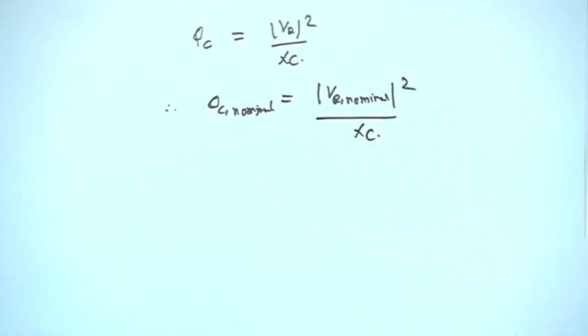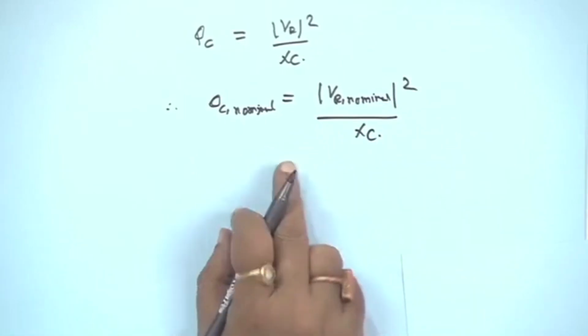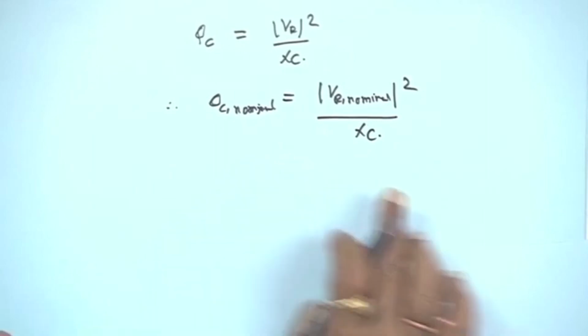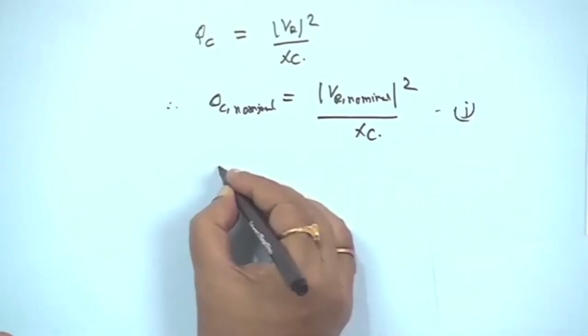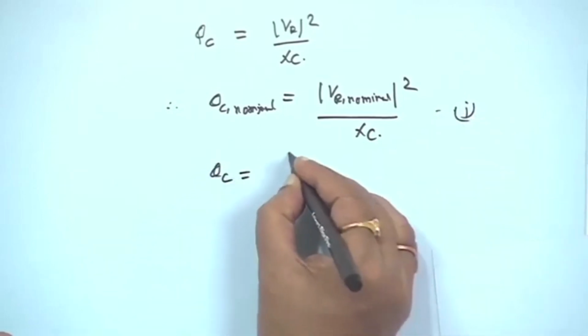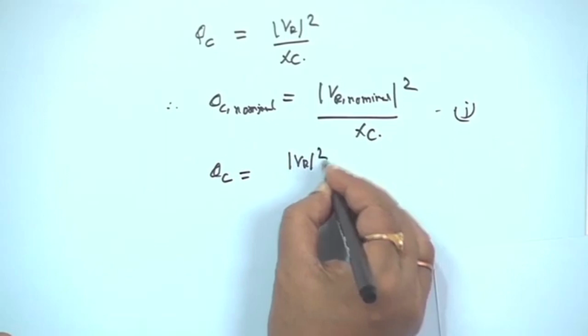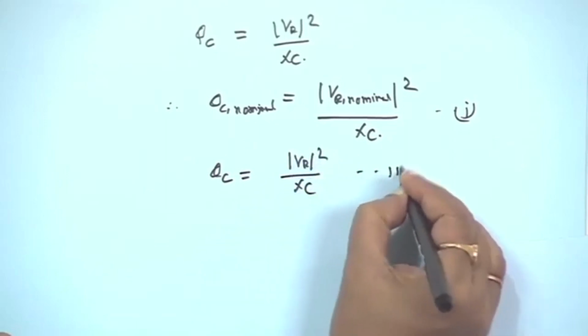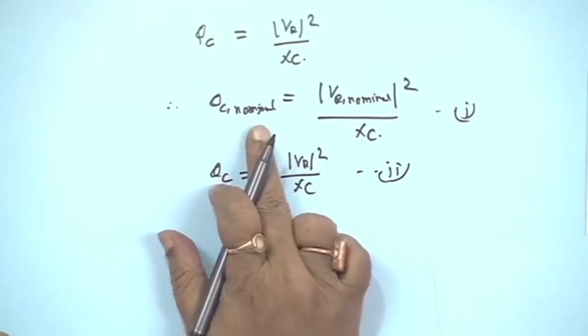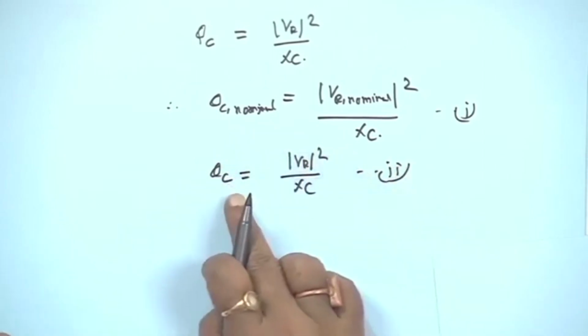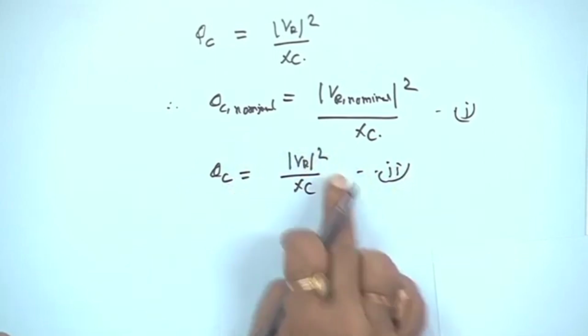This is equation 1. And if QC is injected at any voltage VR, it is VR square upon XC, this is equation 2. So, this is QC nominal and this is QC you are getting at any voltage VR.